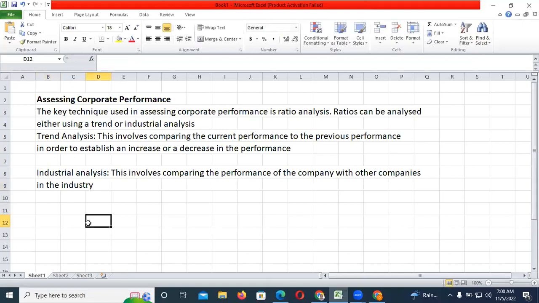So that is what we call the industry analysis. You compare the performance of the company with other companies in the industry.